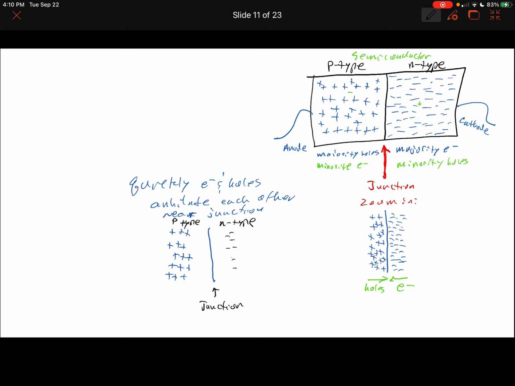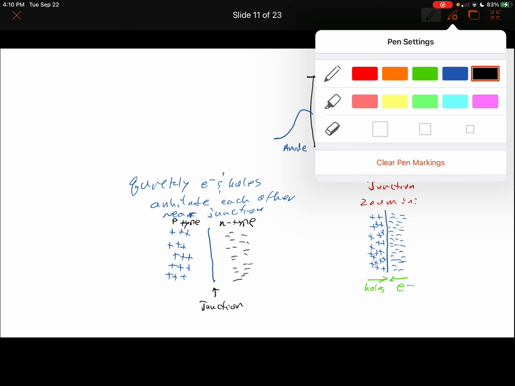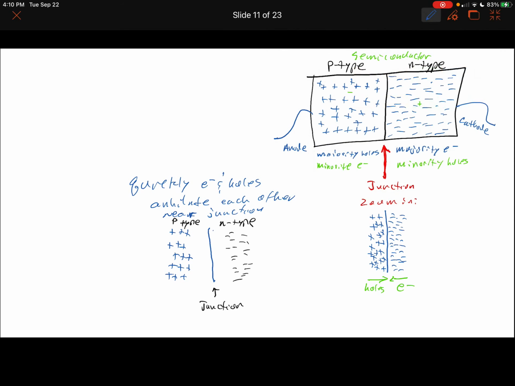And we still have lots of electrons here in the n-type region, but we will end up with a region near the junction with a bunch of fixed charge.